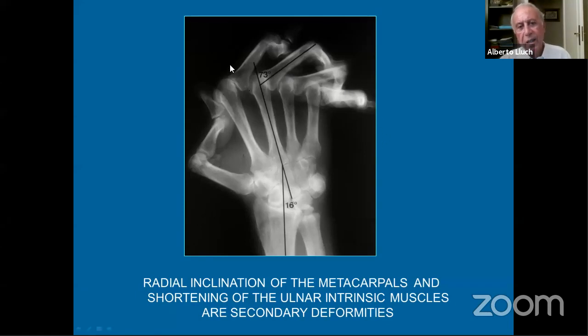But once the ulnar drift of the fingers is corrected, the radial inclination of the metacarpals will spontaneously correct. It's the same as when you see a fracture of the distal end of the radius, what is known as a Colles fracture. The patient doesn't come to you with the wrist radially inclined or dorsally or in extension. The patient always has the wrist straight, regardless of the deformity of the radius, because the patient always wants to have the fingers aligned with the long axis of the forearm.